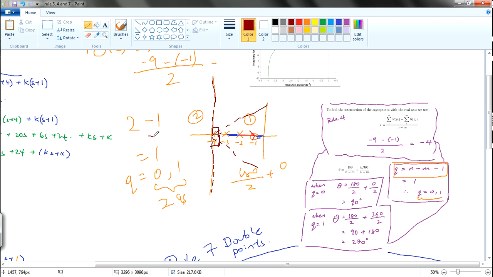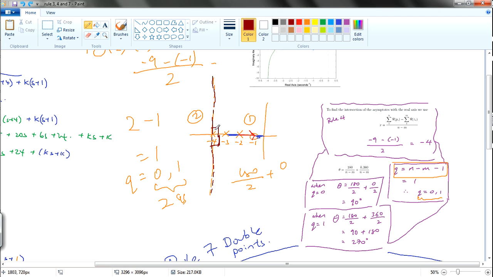If it's like 0, 1, and 2, you have certain angles. Because our case is only 0 and 1, if you plug in 0, 180 divided by 2 is equal to 90, plus 0 divided by 2 is actually 0.